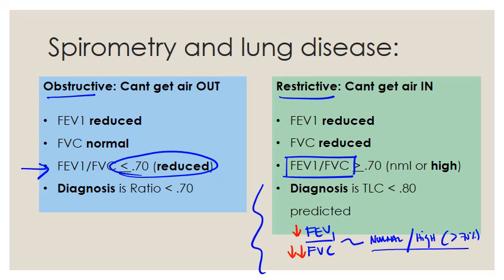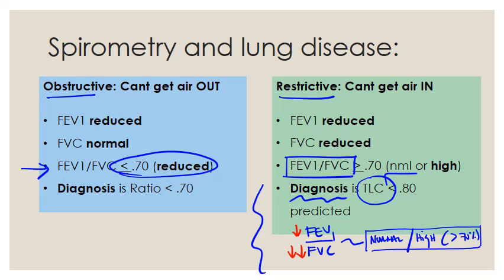So because there can be a lot of variability depending on one's diagnosis of restrictive lung disease, meaning it could be fibrotic, it could be neuromuscular, or due to scoliosis, we diagnose restrictive lung disease more based on total lung capacity, which we can determine in spirometry readings.